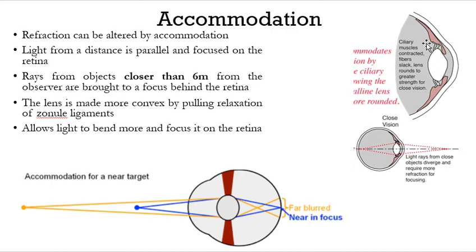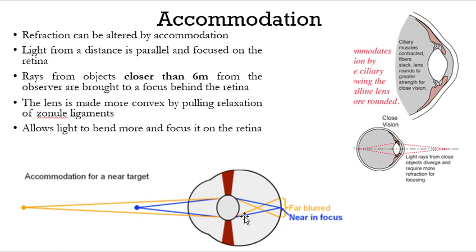Okay, as you can see, the fibers will slack, they will relax. And then the lens is not going to be as pulled, so it's going to have greater curvature, which is what we want, and that greater curvature is now going to cause more refraction, and then it will pull whatever was behind to the retinal point.